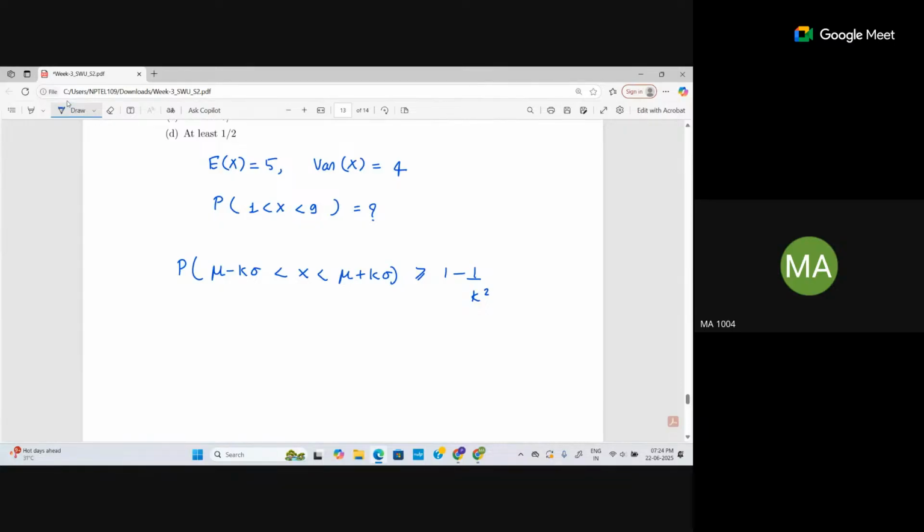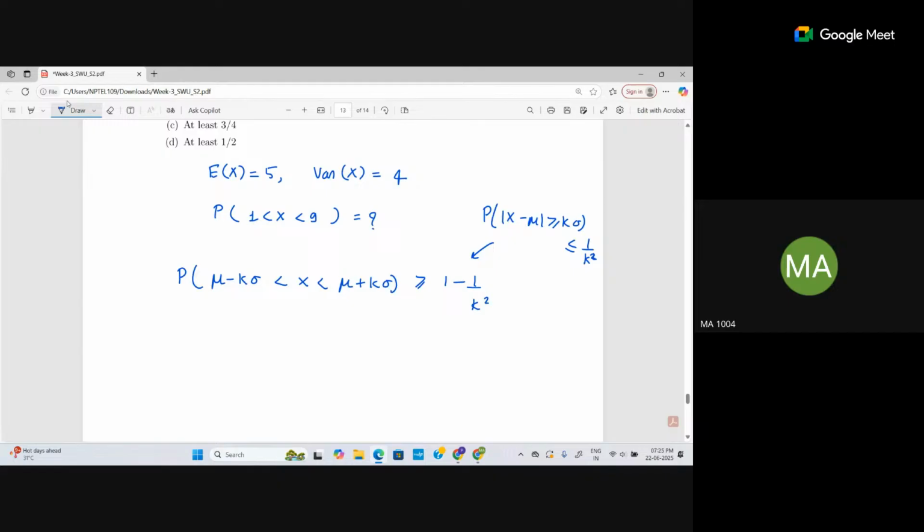Earlier we saw Chebyshev's inequality as: probability of mod x minus mu greater than or equal to k sigma is less than or equal to 1 by k square. These two are the same, so when you open this mod and solve, you will get the same value. Here the question is given in the form that x is lying between two values, so we can directly use this form of Chebyshev's inequality.